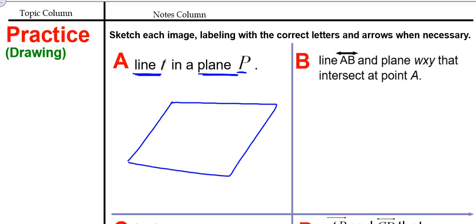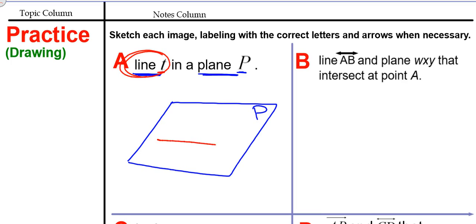And we want to label it plane P. That's a single letter, and that's a capital letter, so that's a floater. Remember that we're going to put it in the upper corner here. And actually, you can put it in any corner that you like. It doesn't matter which one. You're not going to put any point by it. And then on that plane, we're going to put line T. Again, lowercase letter, there's only one.